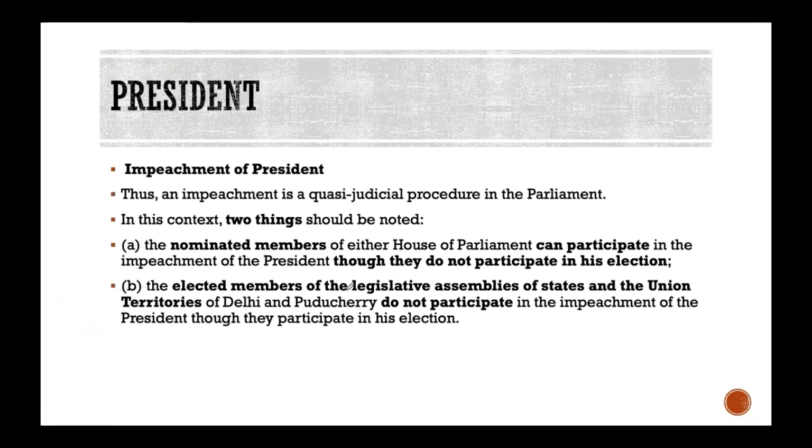See, in impeachment, who are the ones who participate in the election process of the president? Are they the same ones who are going to participate in the impeachment of the president? So in that context, if I ask you, who are the members who participate in the election?